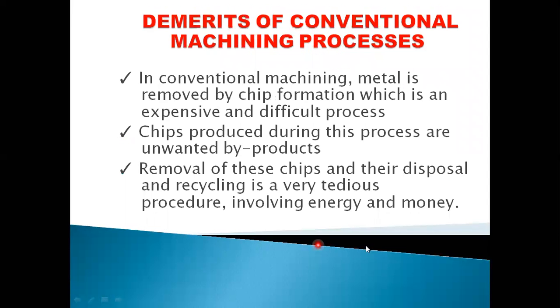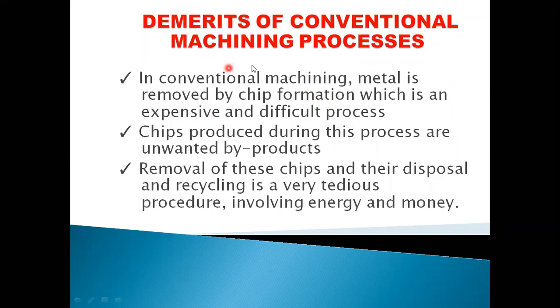Next. Now, what are the basic demerits or disadvantages of the conventional machining process? In the conventional machining process, metal is removed by chip formation, which is an expensive and difficult process. So if you want to shape the metal, I have to remove the material from the workpiece in the form of chips only.